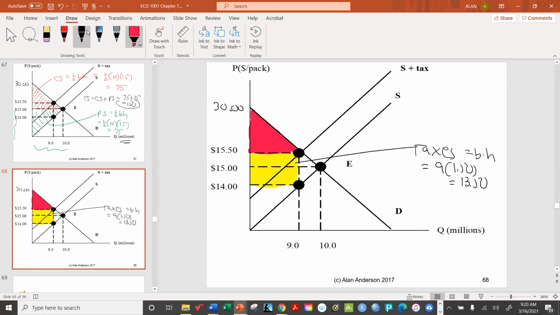All right, so we've got consumer surplus. And again, it's a triangle, 1/2 base times height. 1/2, the base is now 9. The height is now 14.50. So the new consumer surplus is 65.25.